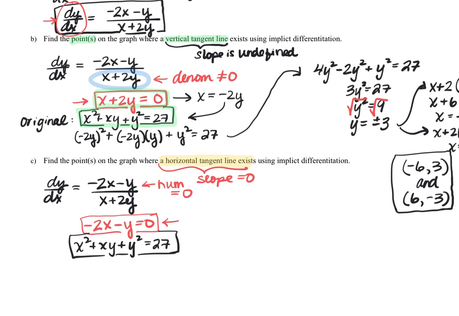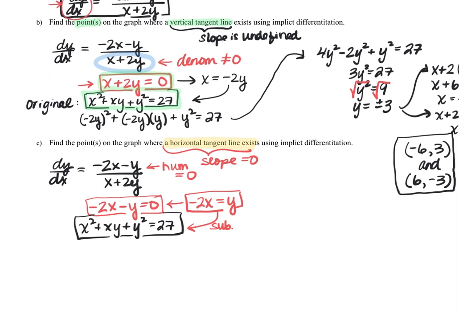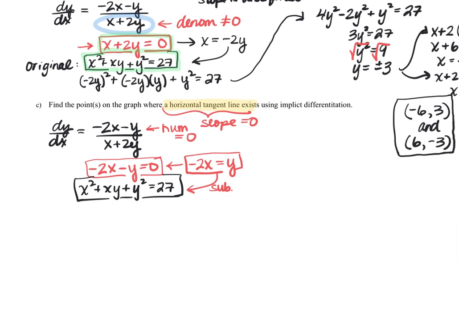I will go ahead and add y to the other side. So negative 2x is equal to positive y. And this is the equation that I will substitute into the original, the x squared plus xy plus y squared equals 27. Now let's substitute. X squared plus x times y, but y is negative 2x, plus y squared, so again, the quantity negative 2x squared is equal to 27.